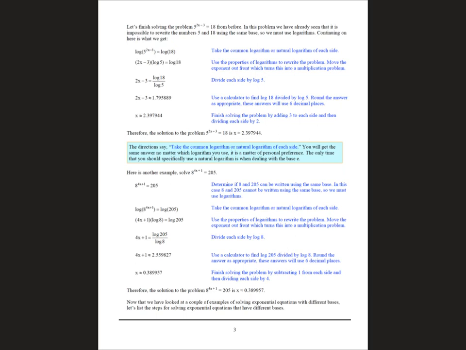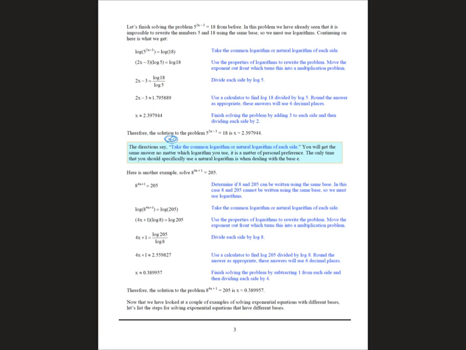So you may want to take the log of both sides. Now, it's easy to take the common log or the natural log of each side, but knowing your properties of logarithms, you may want to go ahead and use the base of one of the sides of the equation.